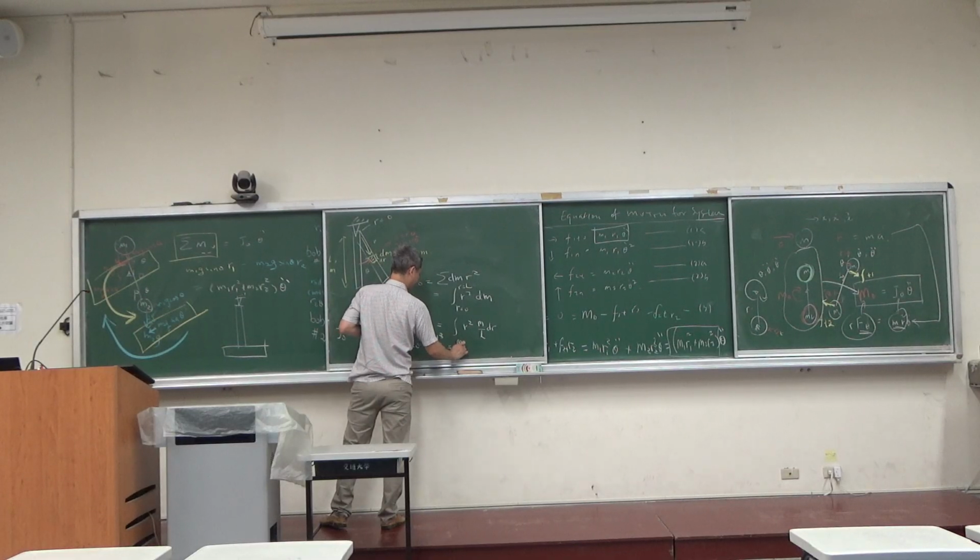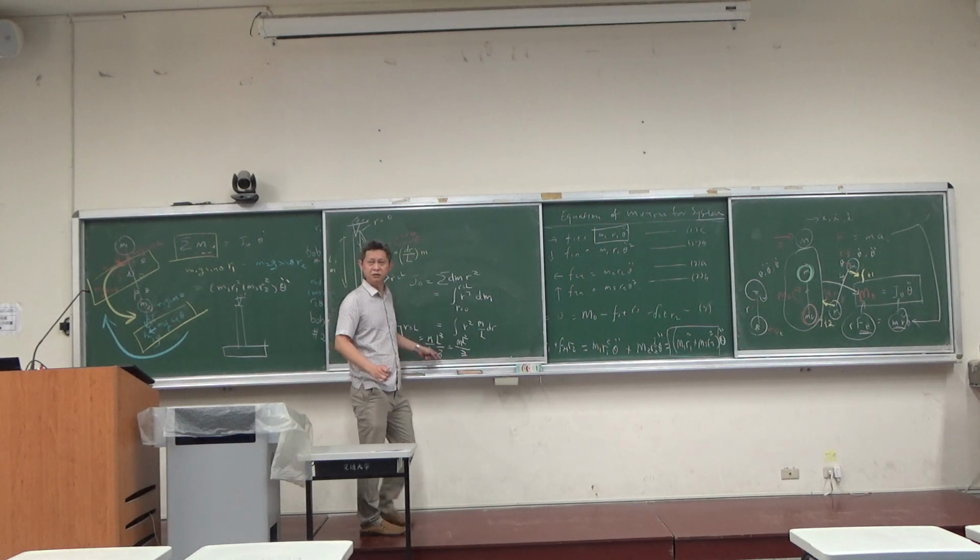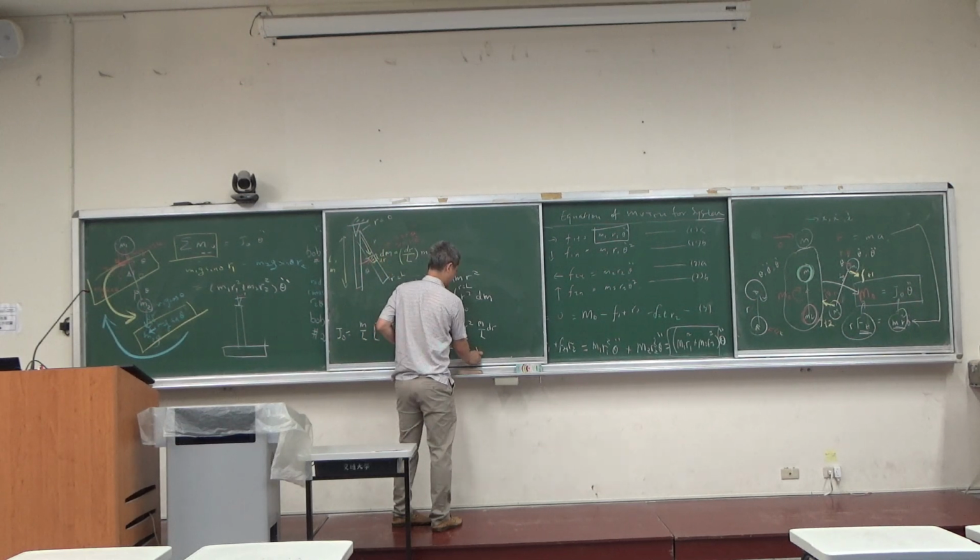So in the end, your moment of inertia is mL squared divided by 3. Okay? So do you get this?